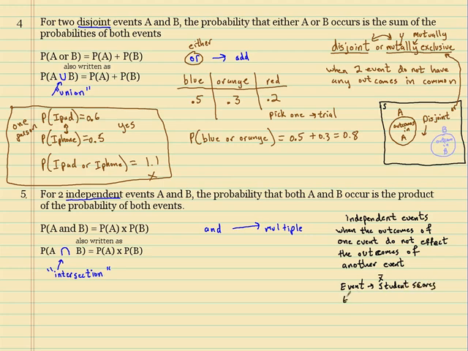Okay, and another event could be if the student is left or right-handed. Okay, so do you think the outcomes of the student being left or right-handed affect their student scores? If your answer was no, then these two events are independent.